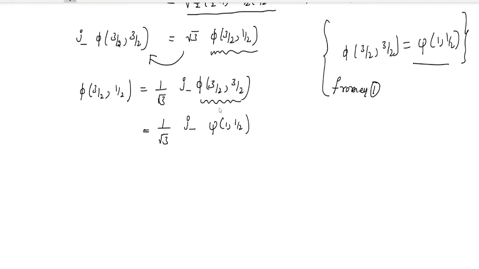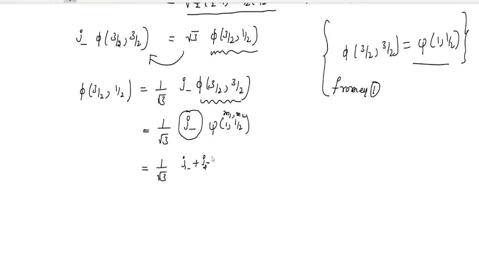This is M1. You need to be careful here. This is M1 and this is M2. What is this operator? This is J1 plus J2. We want to split this J minus operator into root 3, J1 minus plus J2 minus.